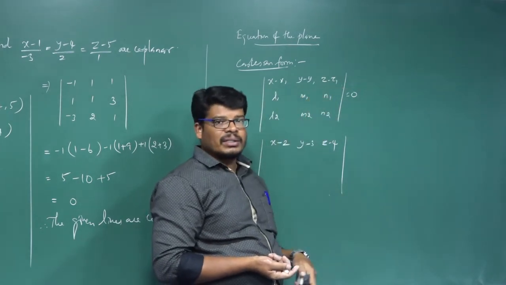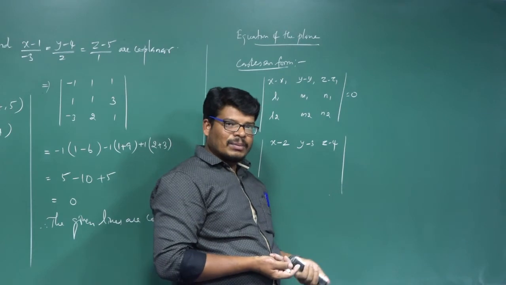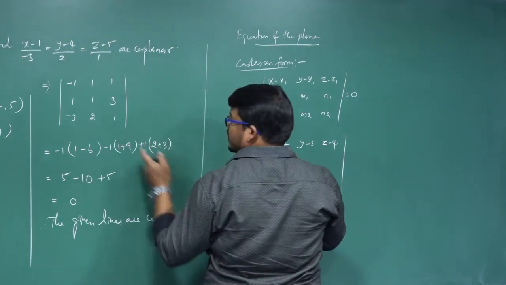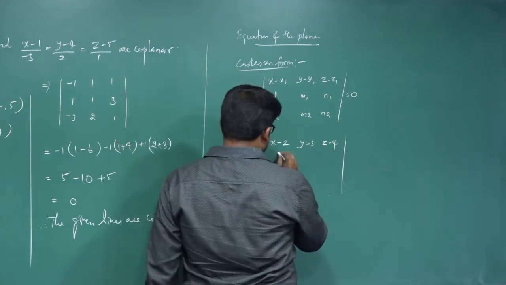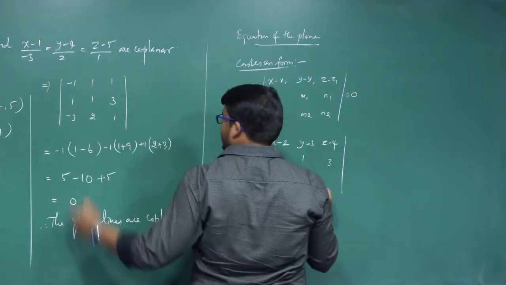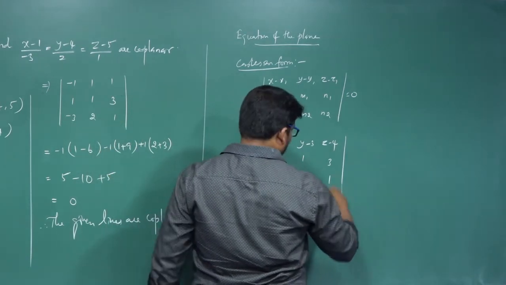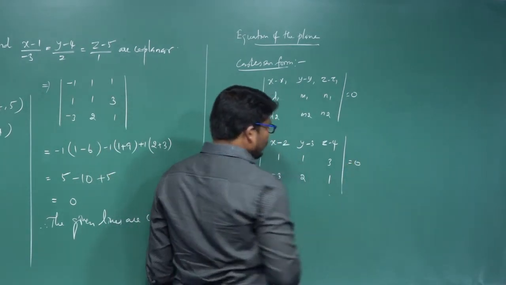L1, M1, N1 is 1, 1, 3, and L2, M2, N2 is minus 3, 2, 1, equal to 0.